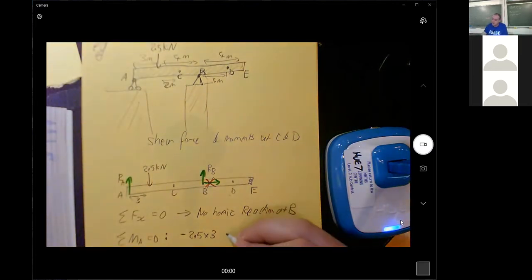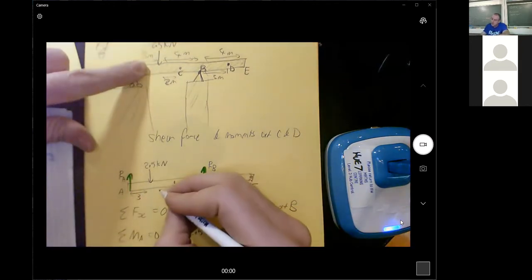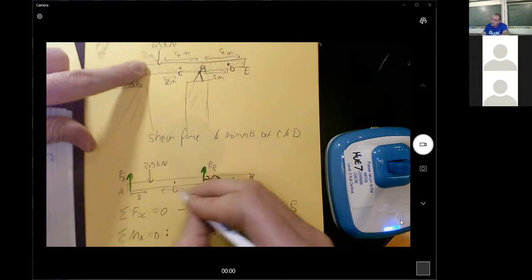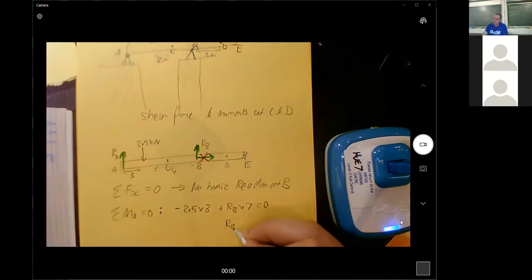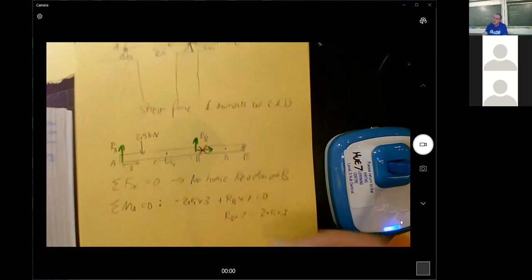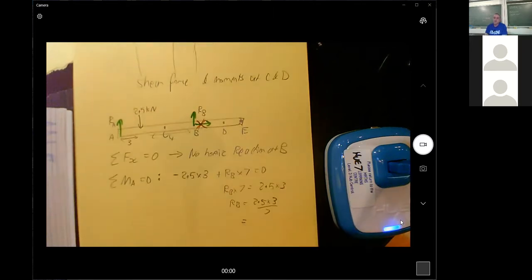And then I've got whatever RB is at a distance of 3 plus 4, so 7. And so RB times 7 is 2.5 times 3. And so RB is whatever 2.5 times 3 over 7 is, which is what calculators are for.